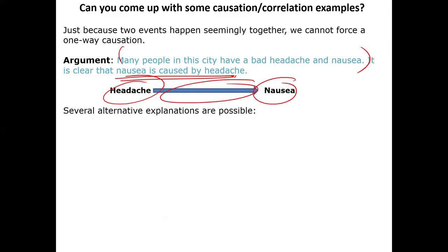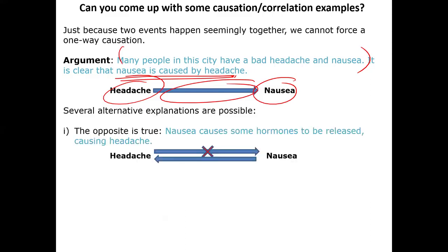So one way to challenge this is an option that says that nausea causes some hormones to be released, causing headache, which means, what are we saying? That the actual relationship is the other way around. So that would challenge this causal relationship.